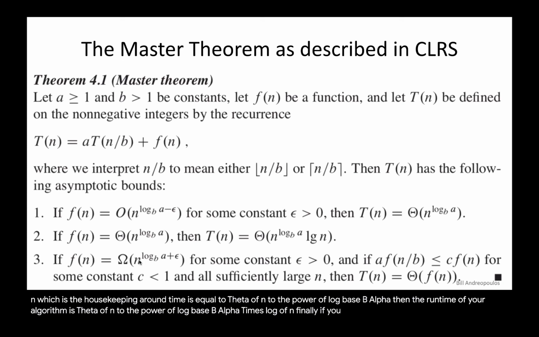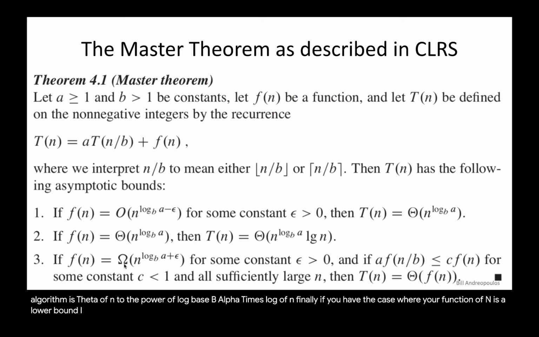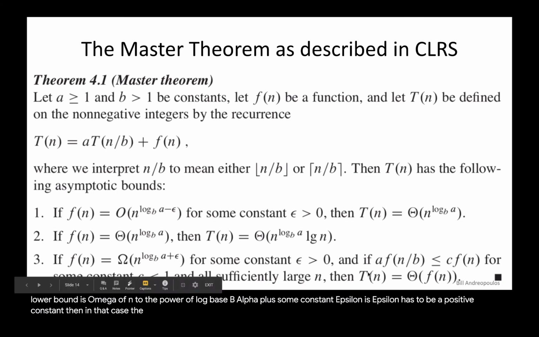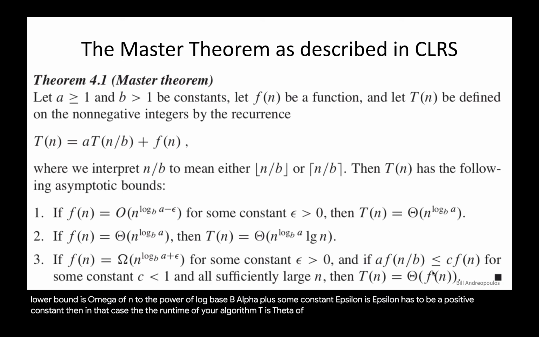Finally, if you have the case where your f(n) is a lower bound, i.e. it's omega of n to the power of log base b of a plus some constant epsilon, where in both cases epsilon has to be a positive constant, then in that case the runtime of your algorithm T is theta of f(n).